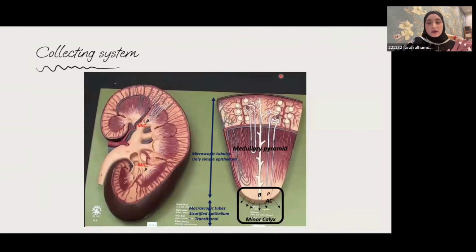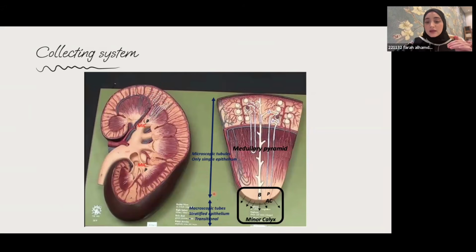Okay. Then we have the collecting system. So this big arrow here shows us the microscopic tubules of only simple epithelium, whether that's squamous, columnar, or cuboidal. So there's only simple, meaning one layer, okay? And as I mentioned earlier, one layer is necessary for molecule exchange.